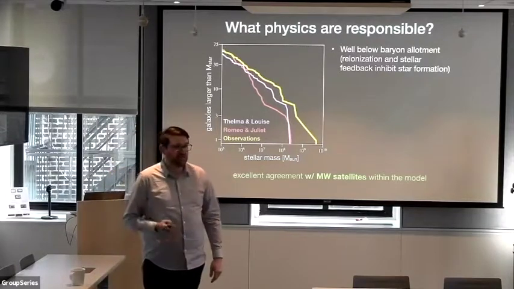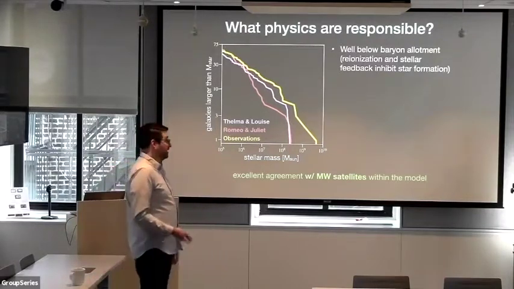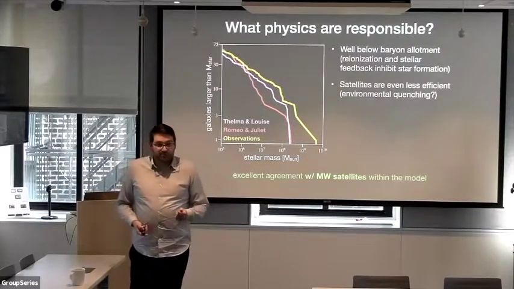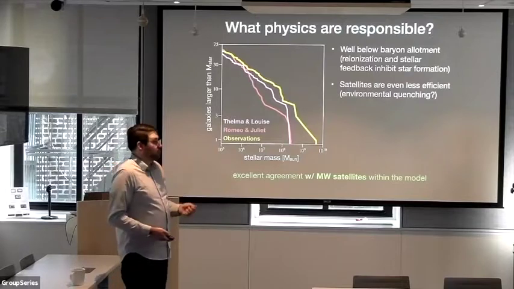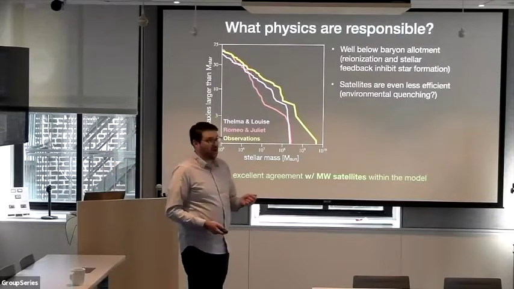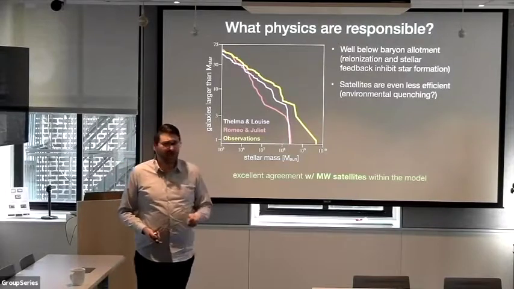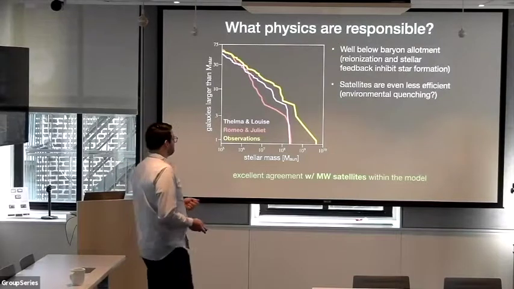So we're already seeing that feedback and reionization do inhibit star formation. There's also evidence, which I haven't shown you, that satellites are even less efficient than centrals in the Local Group at forming stars. So we think we're seeing some signs of environmental quenching as well.